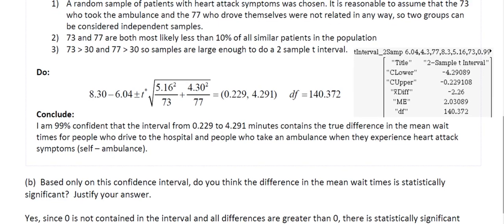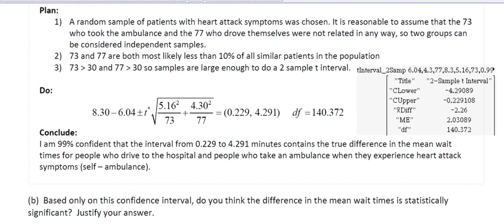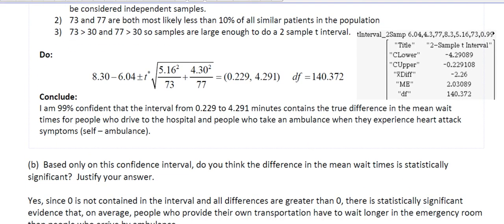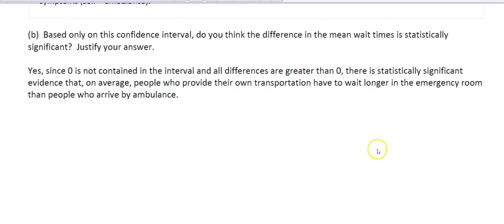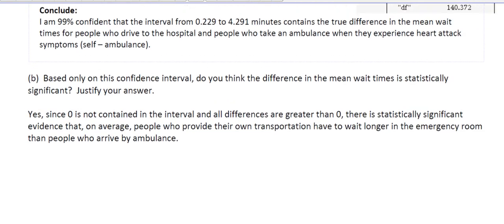What the question asks here, based on this confidence interval, do you think the difference in mean wait times is statistically significant? Yes, because 0 is not included in the interval. If 0 were included in the interval, then we could say that there is plausibly no difference between the mean wait times of the two groups.